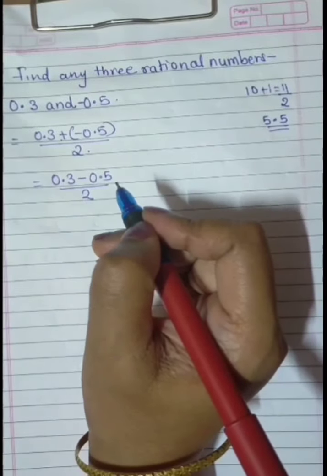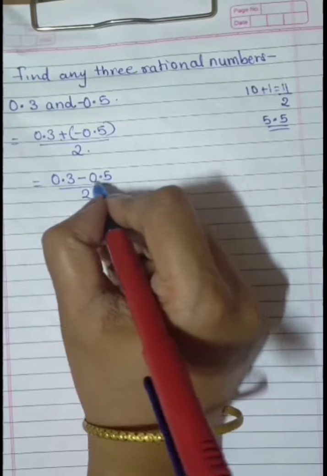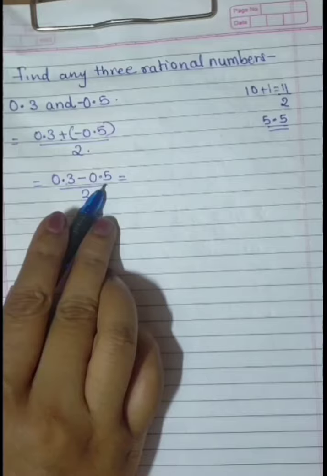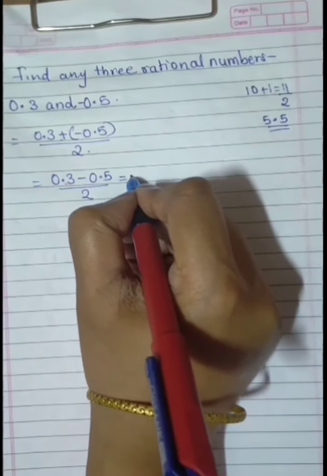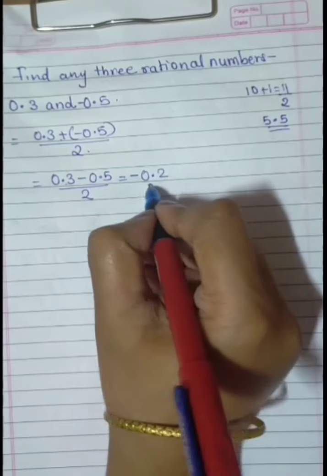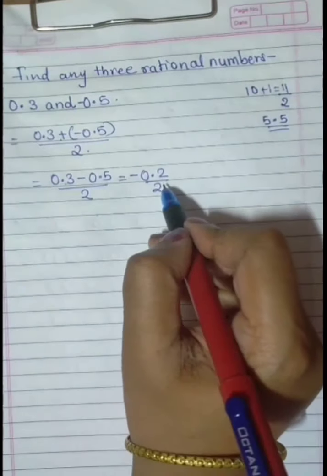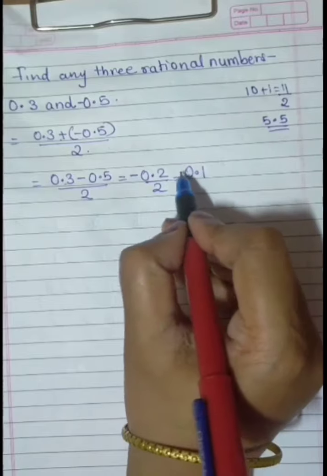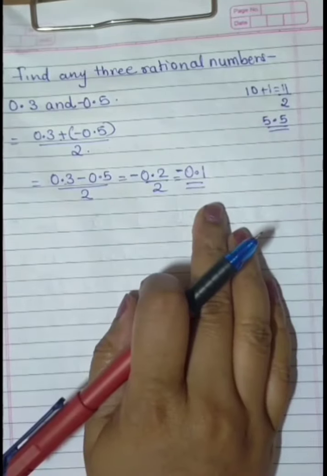The answer will be, if we subtract, we will get minus 0.2 upon 2. And after dividing we will get minus 0.1 as an answer.